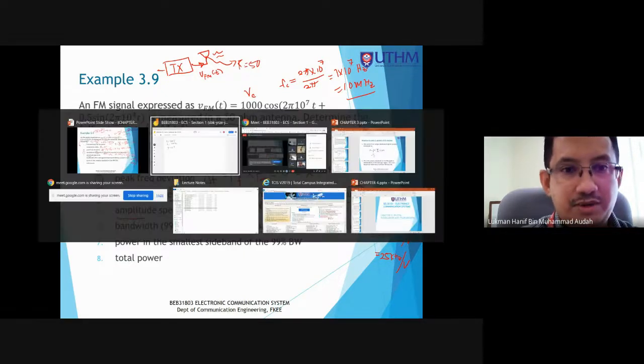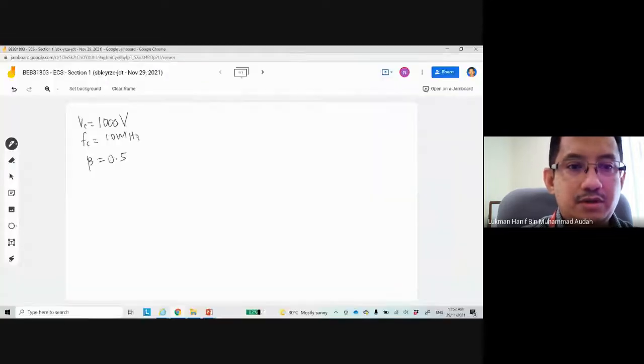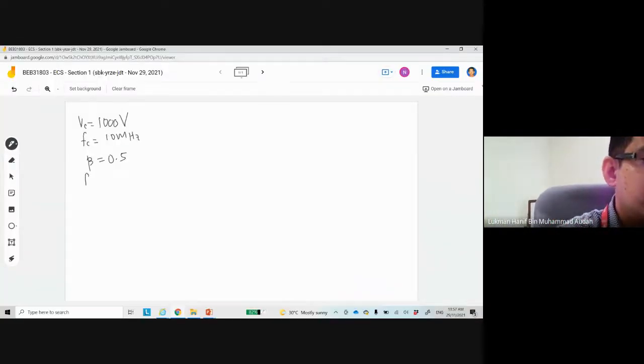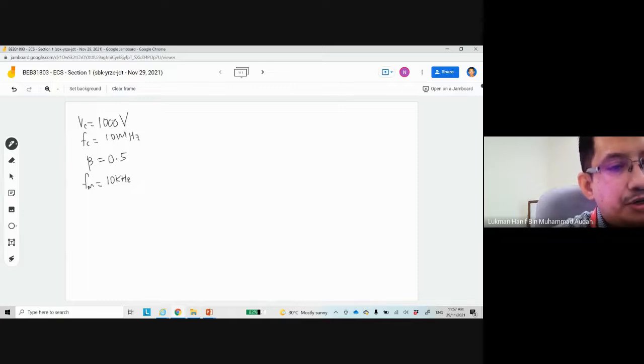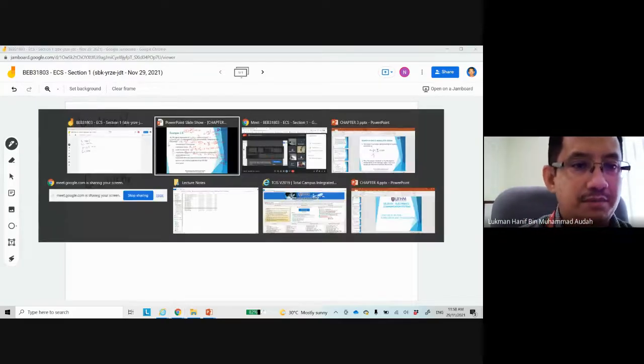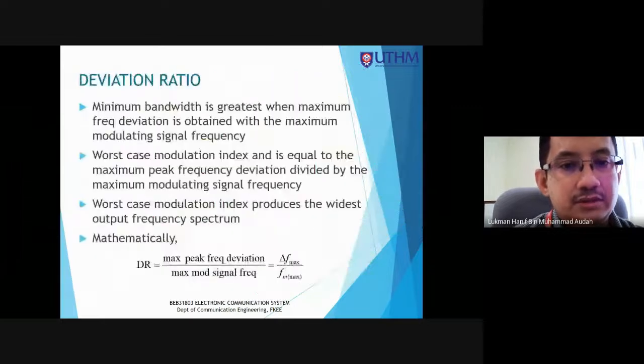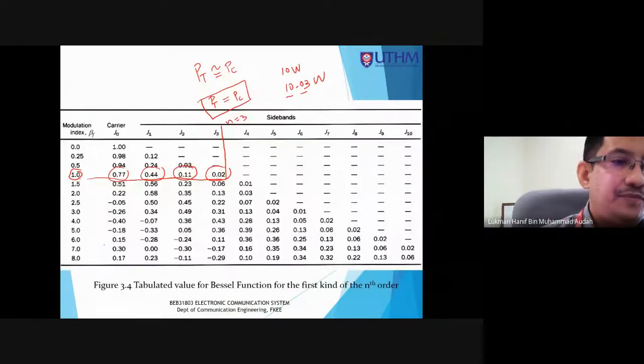So go back to the whiteboard. From beta 0.5, we can find n from the Bessel table.